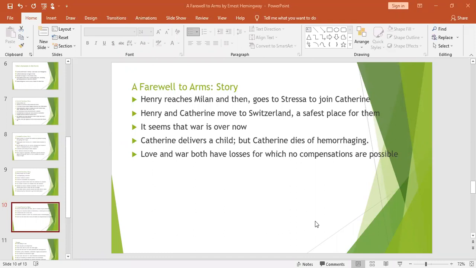As we know, when we discuss the theme of this novel, we come to know that this novel is about love and war. At the French front, the war is going on. The sufferings of soldiers are also going on, but you can't stop love.